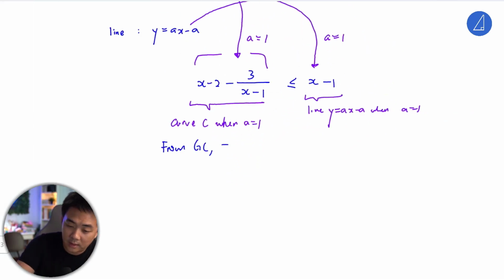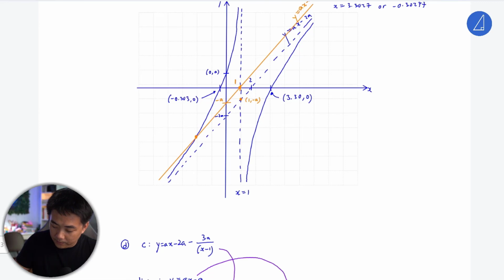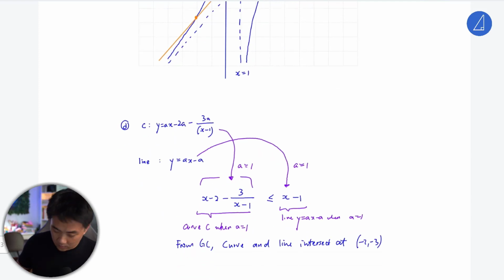From GC, the curve and line intersect at negative 3. Essentially what you want is the curve to be below. So the curve is below here and also below here. The curve is below the line here, so it will be the solution.